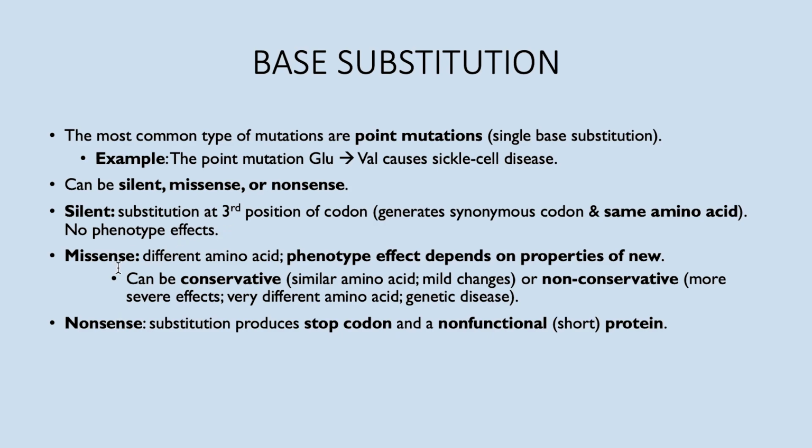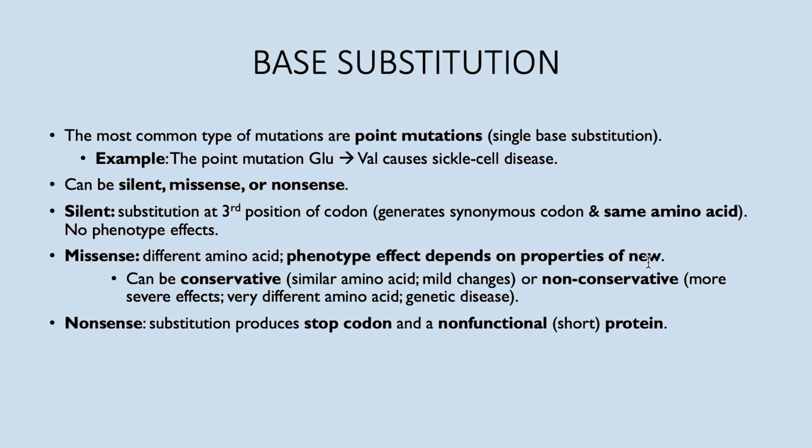Now then we have other two types of point mutations, the missense and the nonsense. A missense mutation is one that leads to the codon that codes for a different amino acid. Now the phenotype effect of this missense mutation will depend on the properties of the new amino acid. Some amino acids have similar chemical properties.